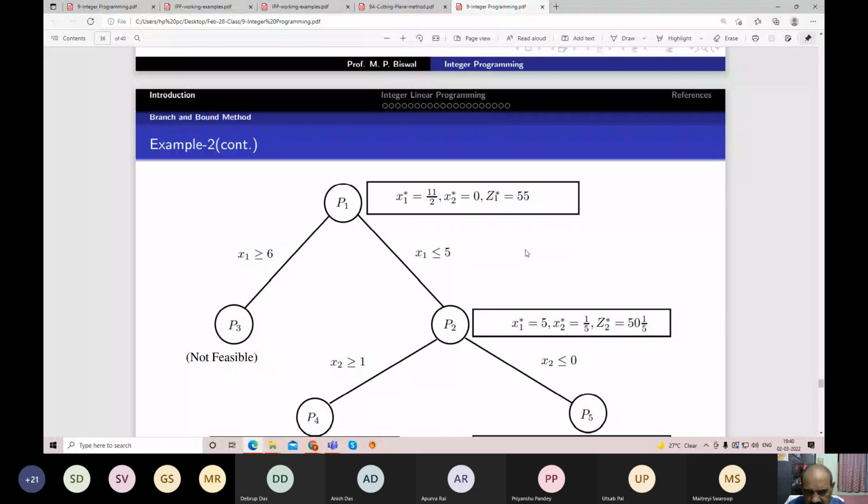So the two branches are x1 greater than or equal to 6 and x1 less than or equal to 5. Impose each constraint and solve.